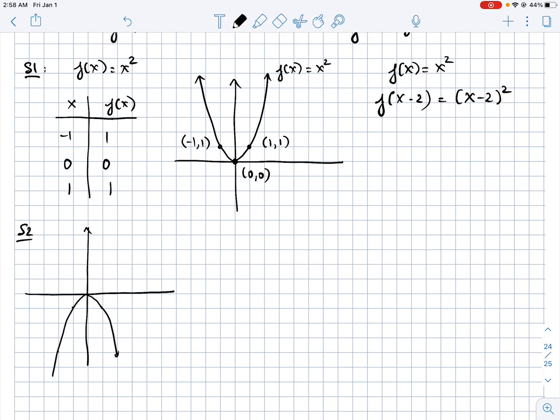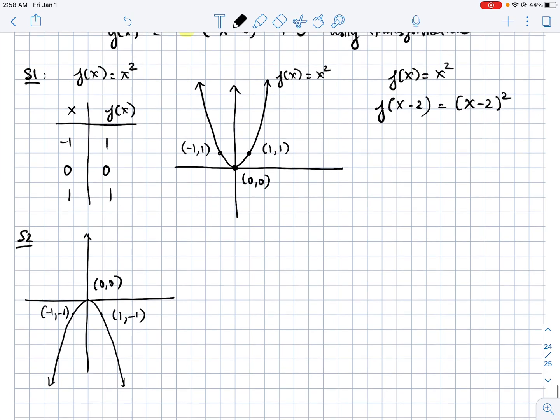So it's going to go down. And we label the points, we get 0, 0, 1, negative 1, negative 1, negative 1.